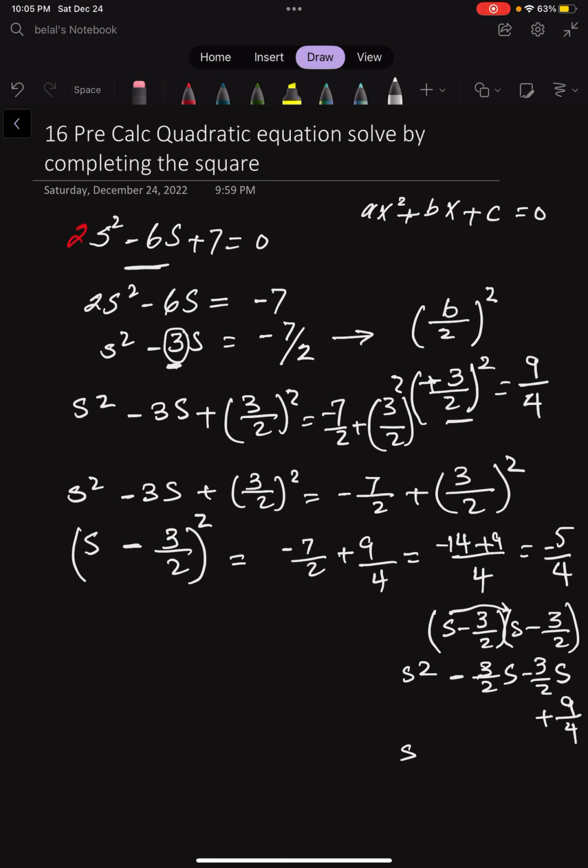So it would be s squared, minus 3 over 2 and minus 3 over 2, that's going to be minus 3s, plus 9 over 4. So this is basically this equation here. So the factor is correct.